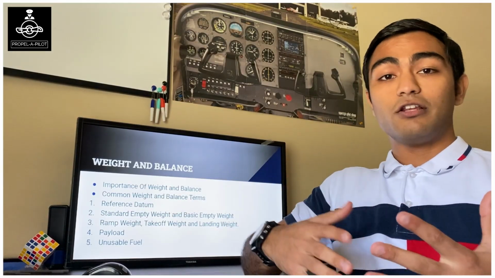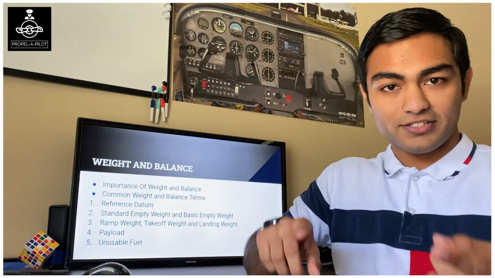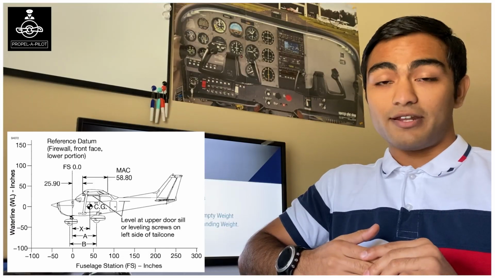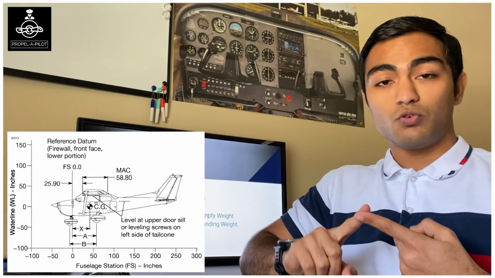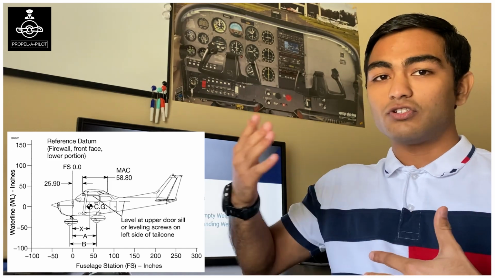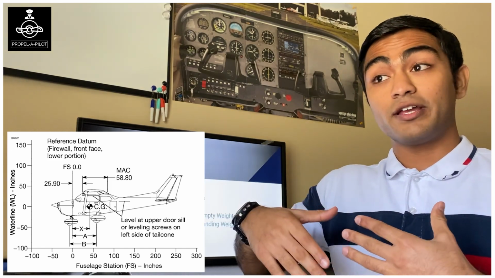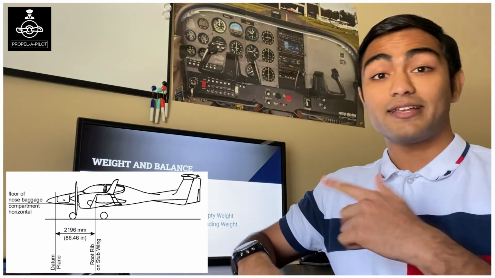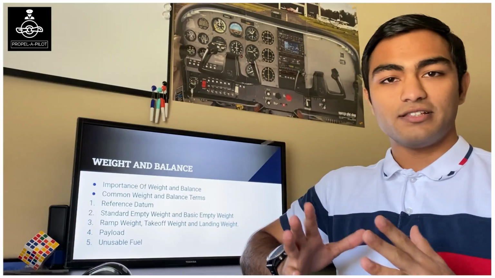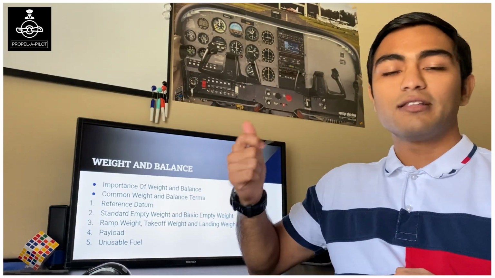The CG is calculated with reference to the reference datum, hence the name. Common locations of the reference datum can be the nose of the airplane, the engine firewall, the leading edge of the wing, or even somewhere in space ahead of the airplane, like in the case of the DA-42. Every manufacturer will mention the position of the reference datum in the POH.